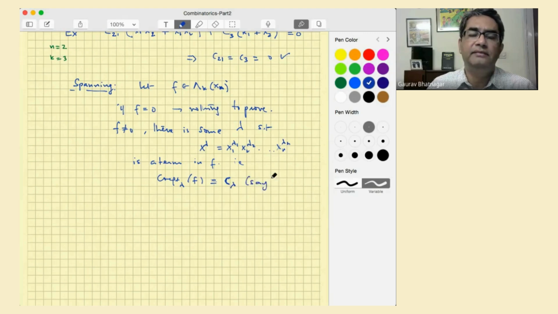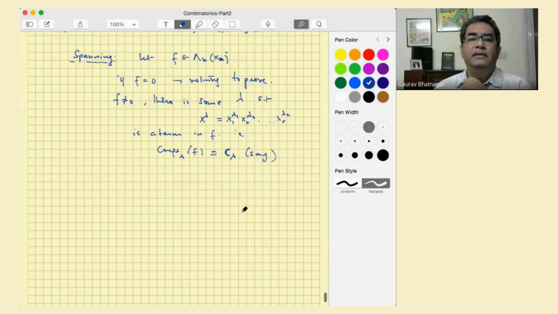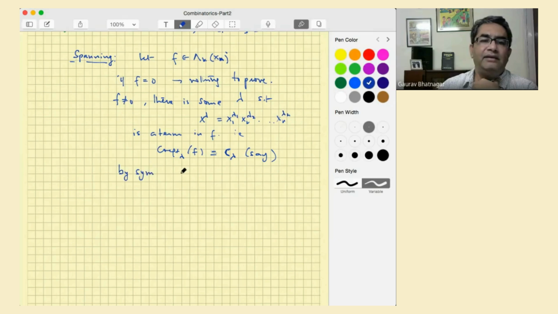So if one of these terms is there, by the fact that it's a symmetric polynomial, c lambda m lambda of xn is a term that appears in f.